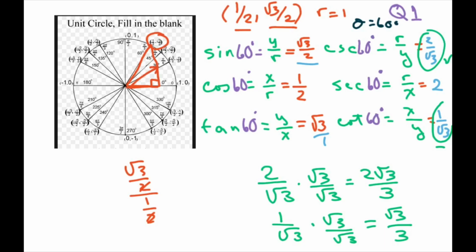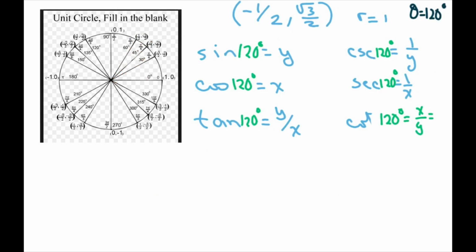Okay, so the next one we're going to do is 120. 120 is right here, and we have the same x and y, but my x is negative. So we're just going to copy down everything we did for the 60, but my x is negative. When you divide a positive by a negative, that's going to be negative.